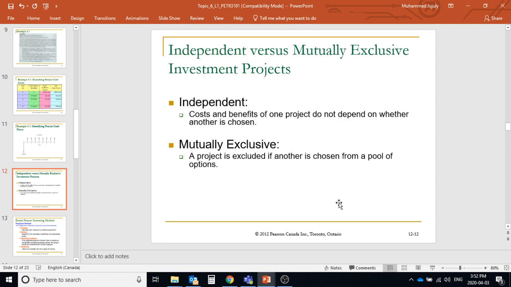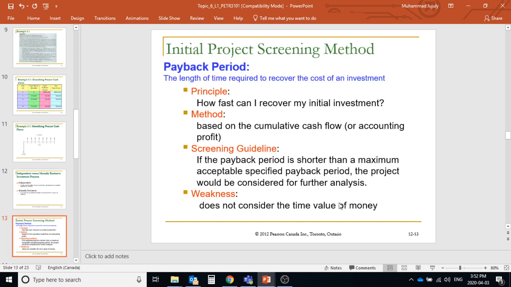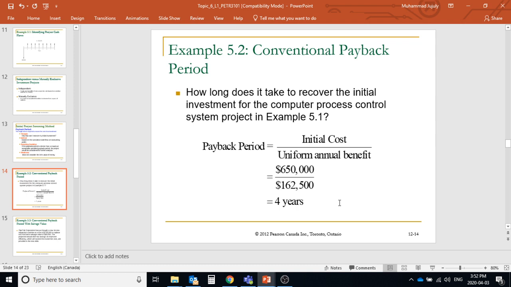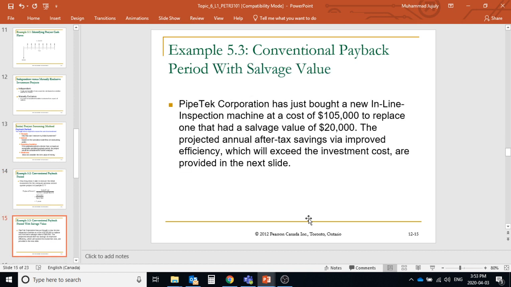So this is an independent and mutually exclusive investment project. We went through the payback period. What is the payback period? Initial cost divided by annual benefit. The initial cost of the instrument was $650,000 and the annual benefit was 162, so the payback period became four years.